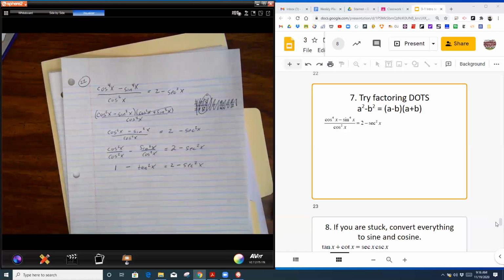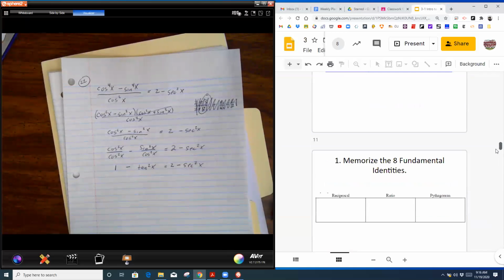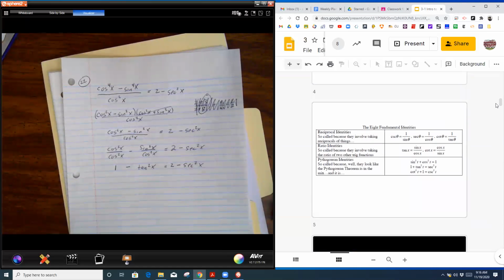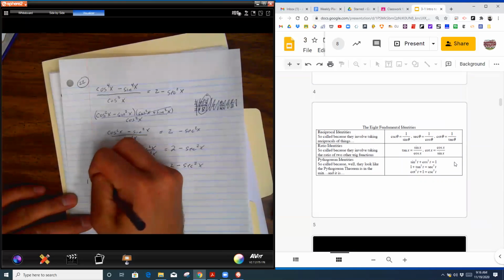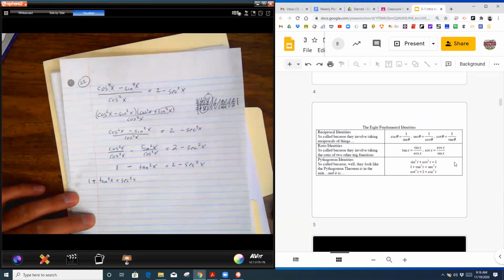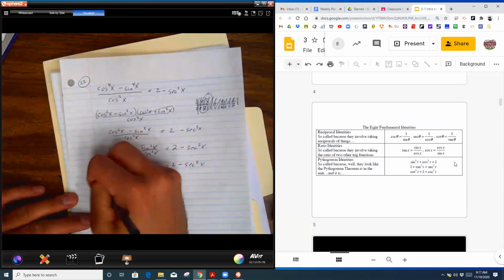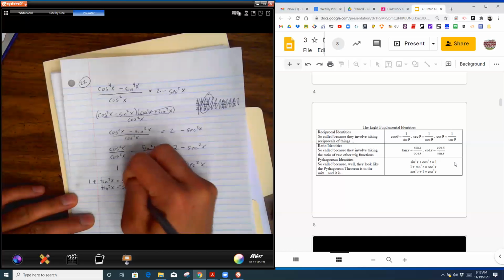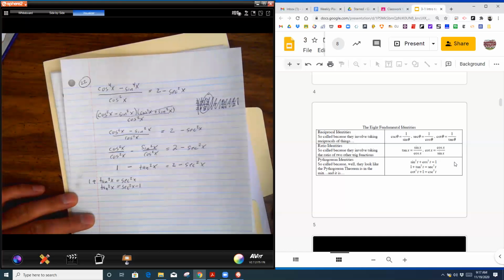And if we look at our 8 fundamental identities, specifically the 3 Pythagorean identities, the second one is 1 plus tangent squared is equal to secant squared, which means if we subtract 1 on both sides, we get tangent squared is equal to secant squared minus 1.